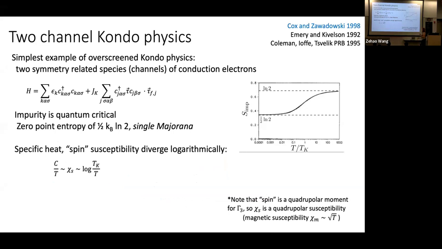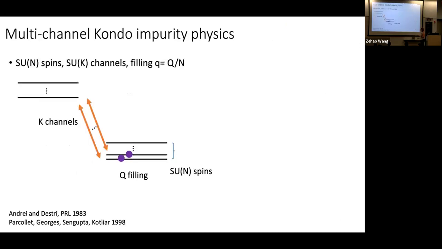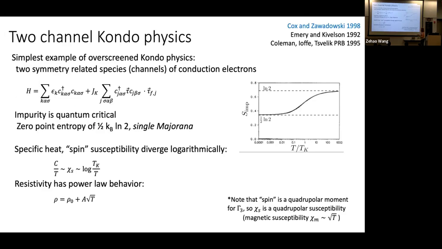You can also calculate what you expect for the magnetic susceptibility in the quadrupolar model, and it goes like square root of T. Resistivity is expected to have a power law behavior, and that's what you expect from this two-channel Kondo impurity model. You can get this in multiple ways beyond just Emery and Kivelson. That's the simplest way to show it.